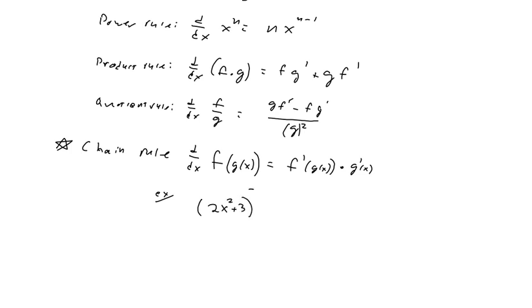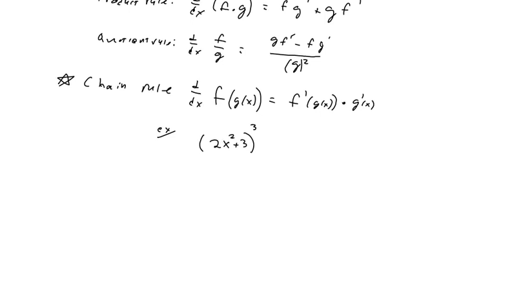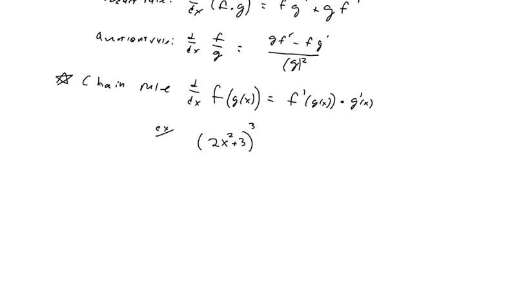Inside, you can think of this 2x squared plus 3 as your inside function. 2x squared plus 3. Because it's inside this parentheses. That is a function in and of itself.